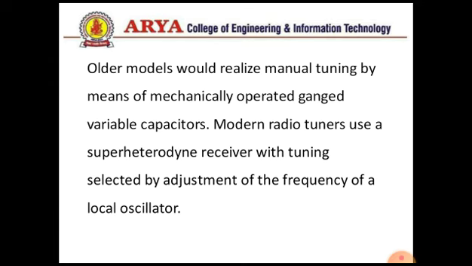Modern radio tuners use a superheterodyne receiver with tuning selected by adjustment of the frequency of a local oscillator. So in modern radio tuners, the frequency is adjusted automatically as required, by selecting the tuning frequency of the local oscillator.